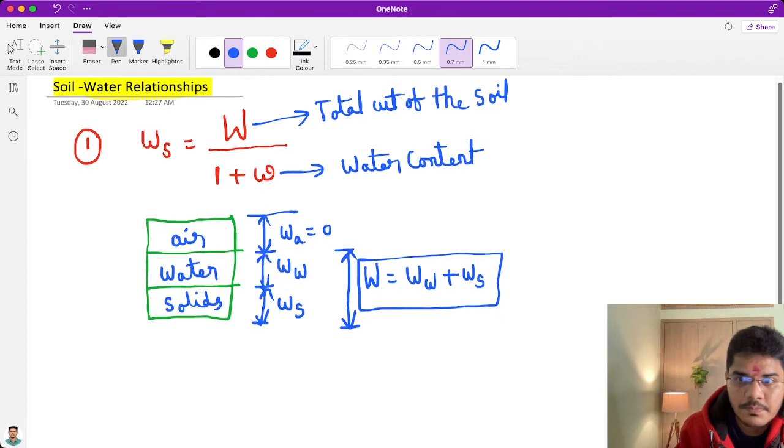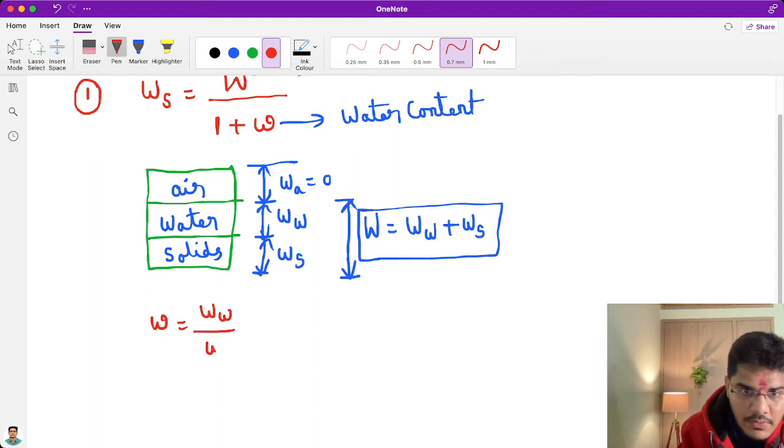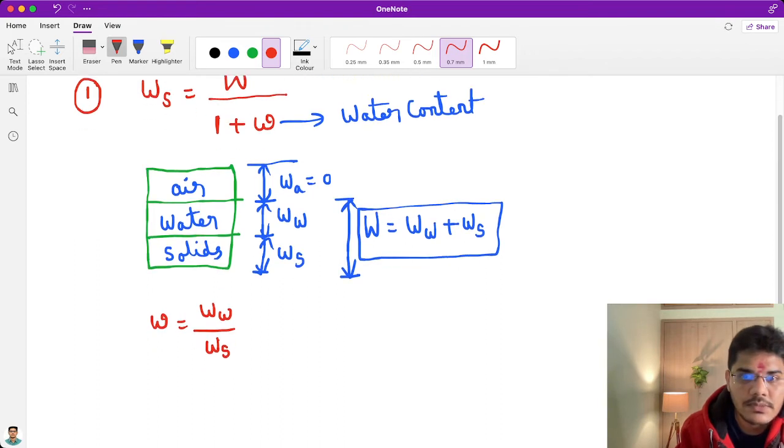And one more thing, water content. How can we write water content? Water content is equal to the weight of the water to the weight of the solids.